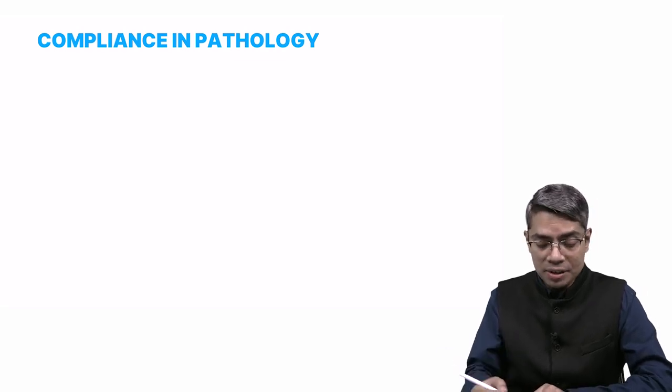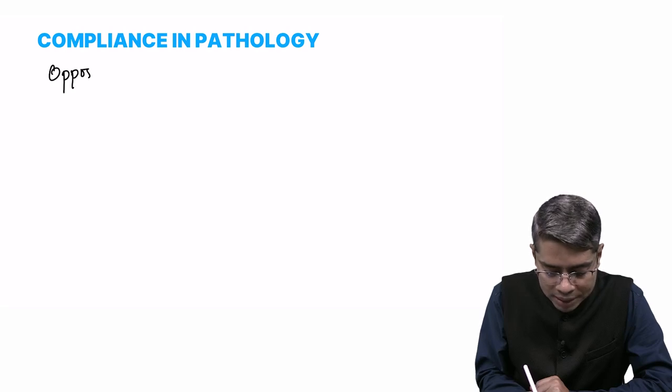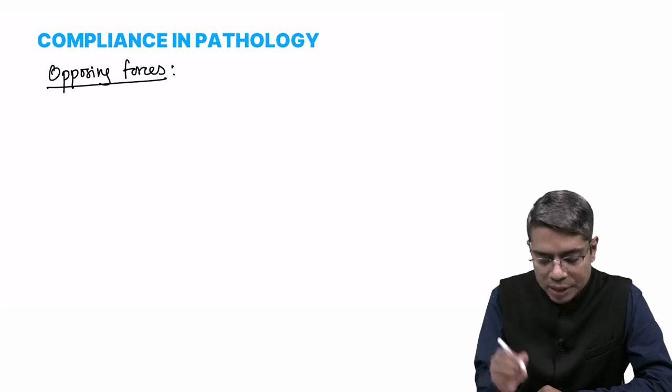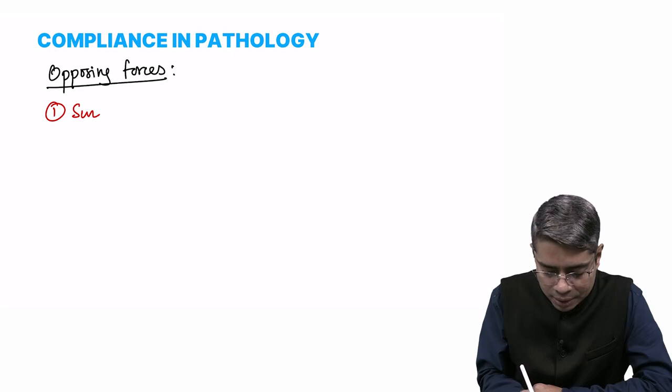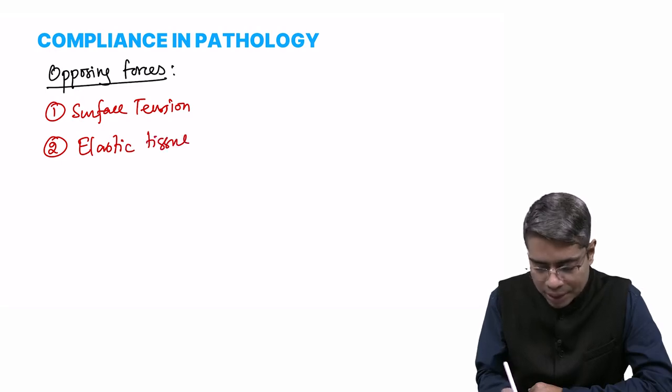So compliance is stretchability or expansibility. I am writing like this: the opposing forces during the expansion of the alveoli, number one is the surface tension, right? And number two is the elastic tissue surrounding the alveoli.